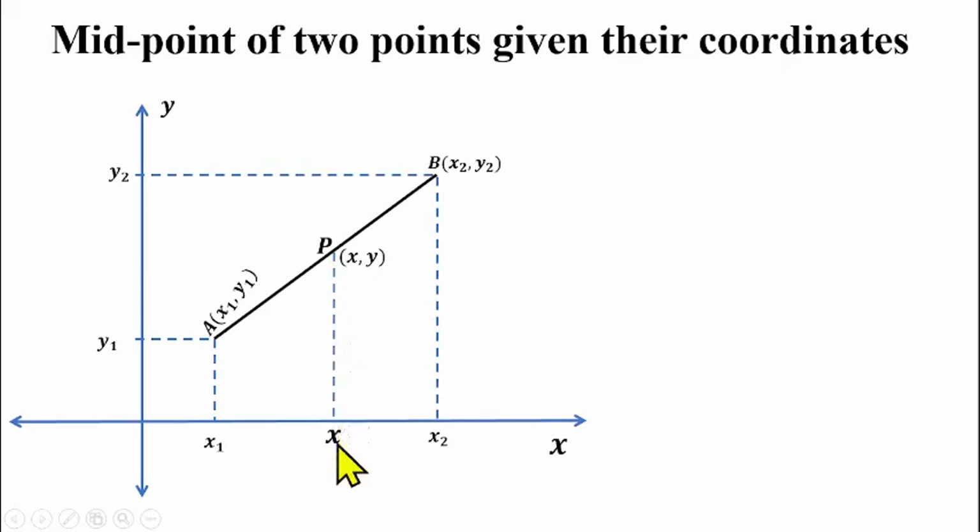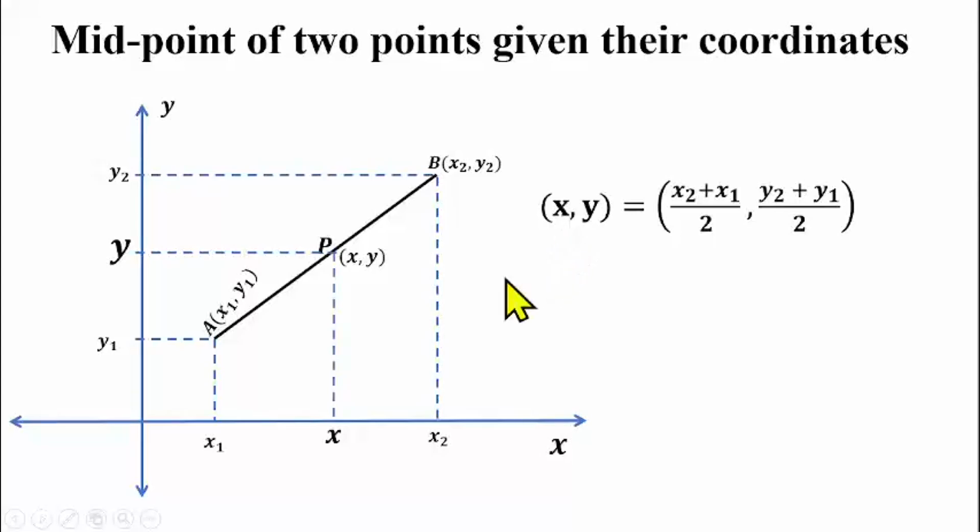That is, the value of P on the x-axis is going to be x, and the value of P on the y-axis is going to be y. So don't forget that this P is the midpoint of point A and point B. You know the meaning of middle, midpoint. So this point P will also have its own coordinates, x and y. Then the question is, how do we now get the coordinate of this midpoint of A and B, which is P?